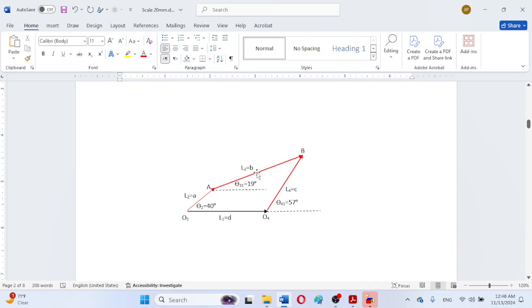They do not have a common vertex at this moment, because between link 1 and link 3 there are link 2 and link 4 separating them. So the method of instant centers is used to locate the instant center for these two bodies, which the author has defined in the definition.